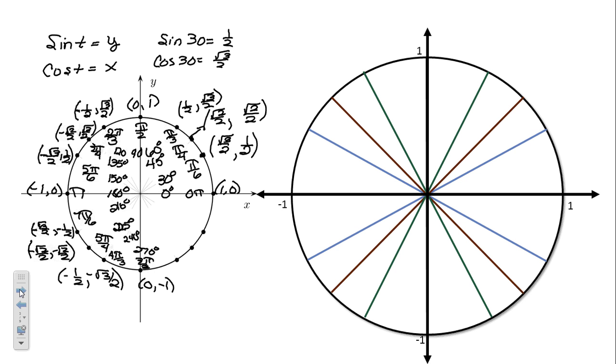Over here at our 60-degree angle in the fourth quadrant, our cosine of 60 is 1/2, but it's positive now, and negative square root of 3 over 2. For this guy, to the right, our x value is positive, our y value is negative, and then square root of 3 over 2 and 1/2 with the negative.